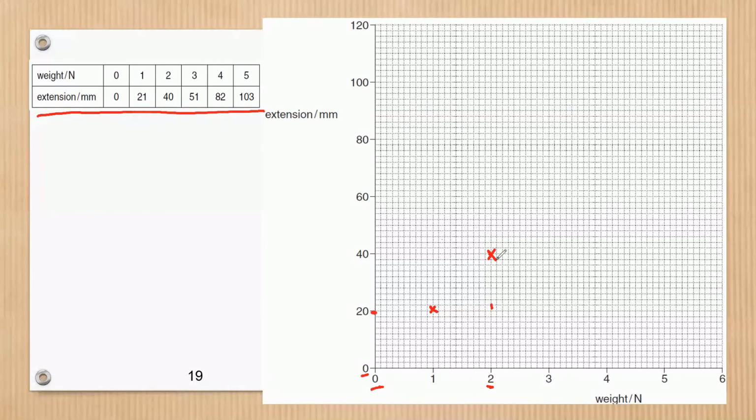At 3, it will be 51. Between 40 and 50, there is a 50. So it's 51, it will be in the middle here. At 4 newtons, the extension will be 82 millimeters.